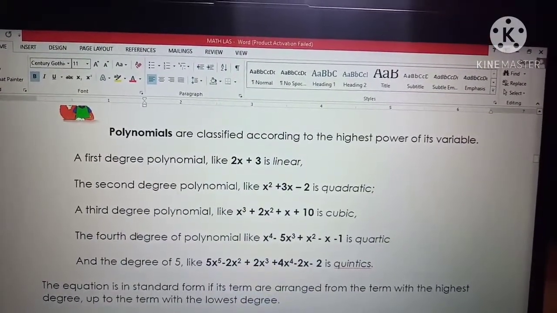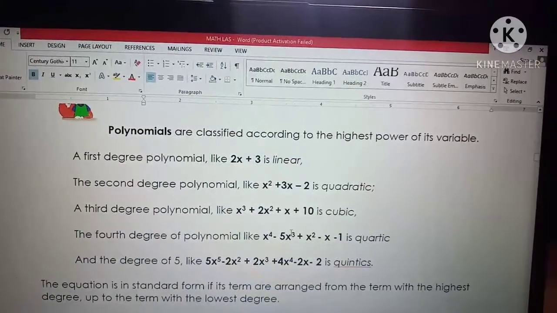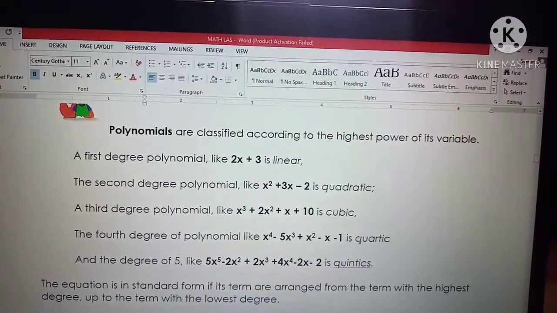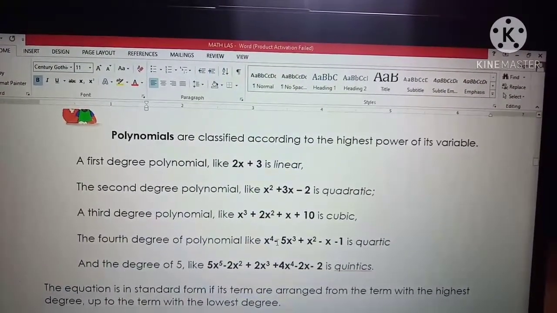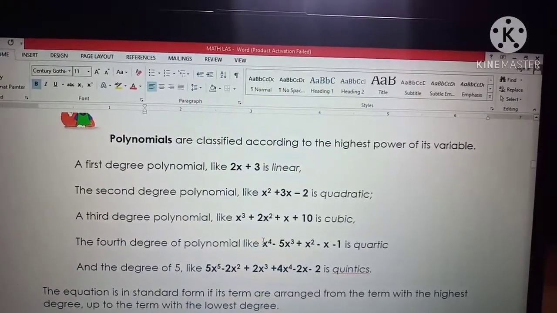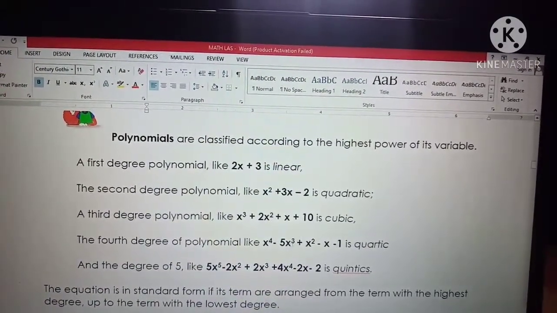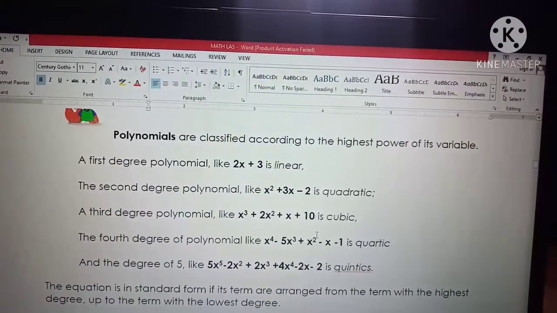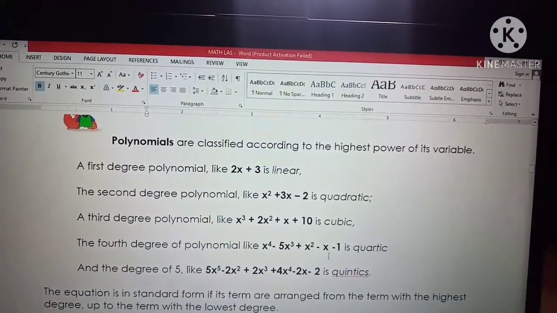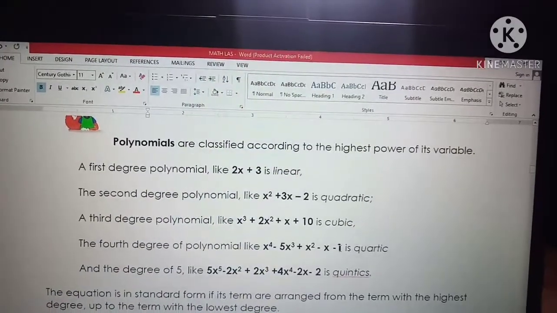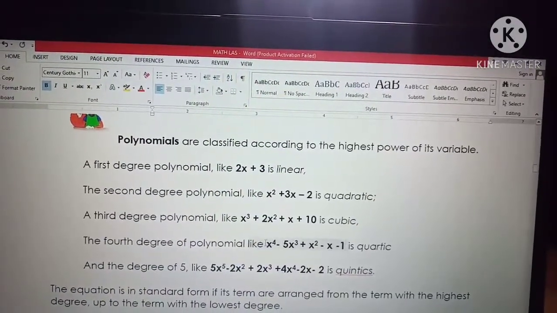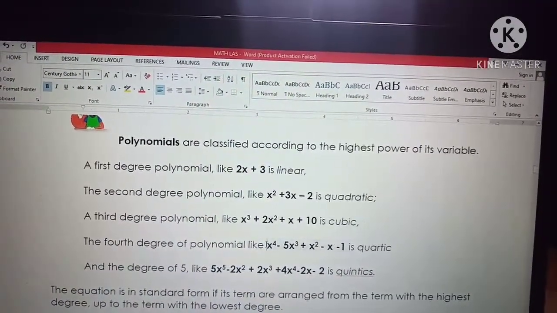The fourth degree of polynomial is what we call the quartic equation. An example of this quartic equation is x raised to the power of 4 minus 5x cubed plus x squared minus x minus 1. This is the example of fourth degree of polynomial.